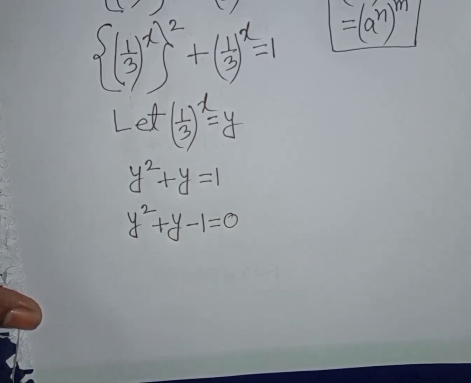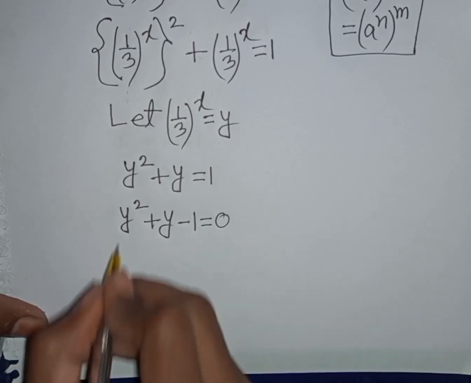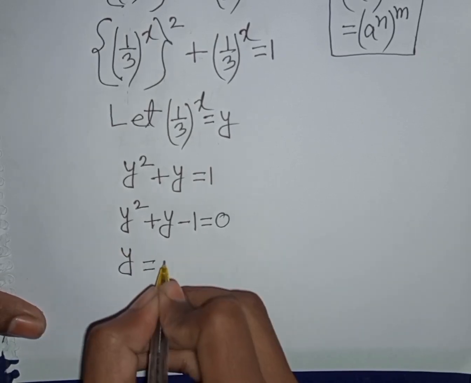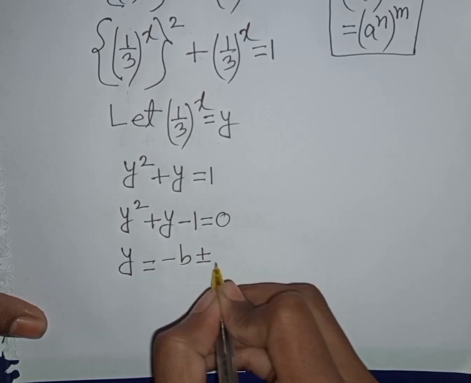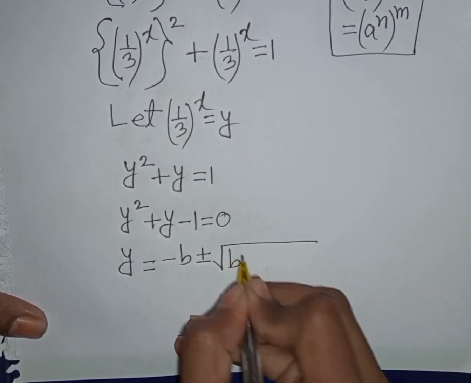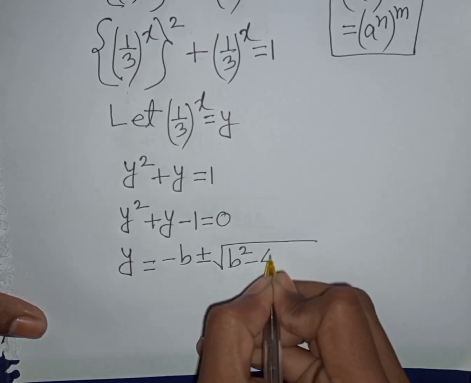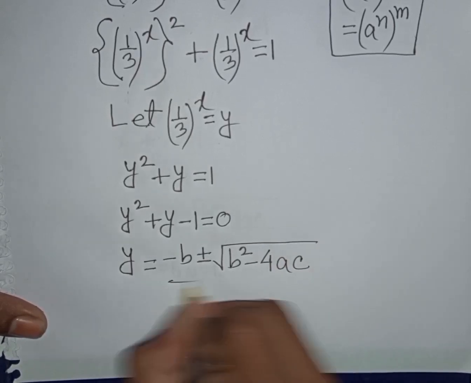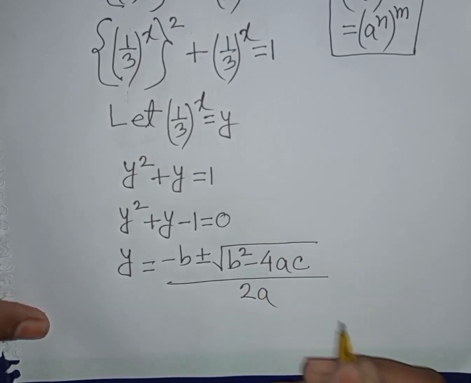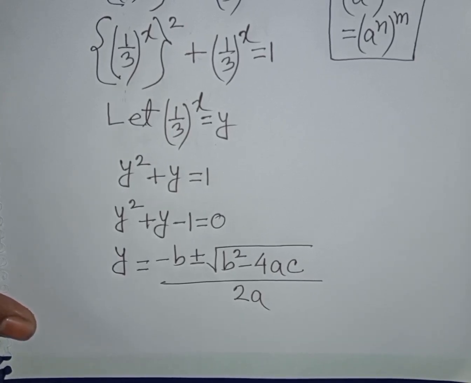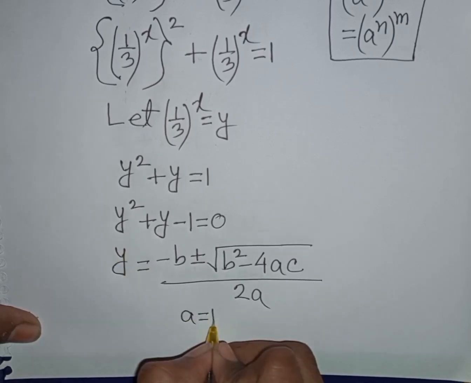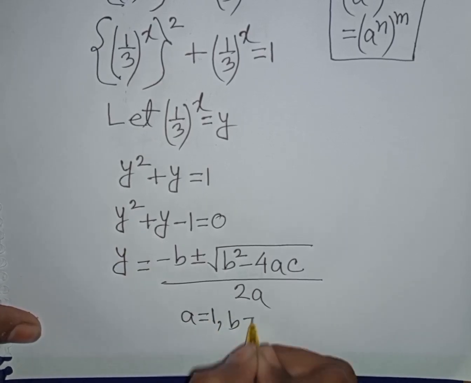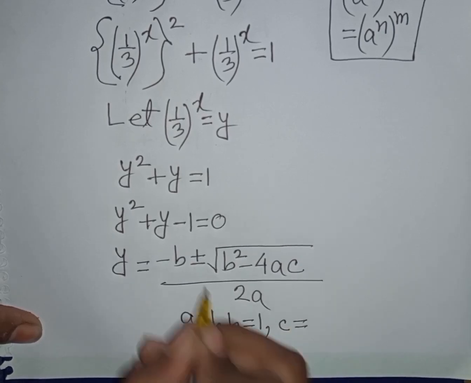Now here I can apply the quadratic formula, so y is equal to minus b plus or minus the square root of b squared minus 4ac, divided by 2a. Here a is equal to 1, b is 1, and c is negative 1.